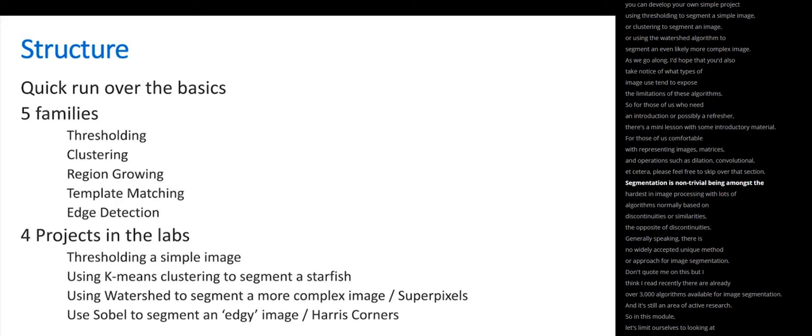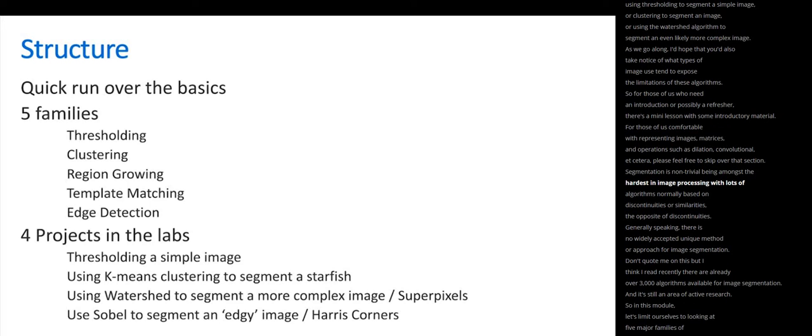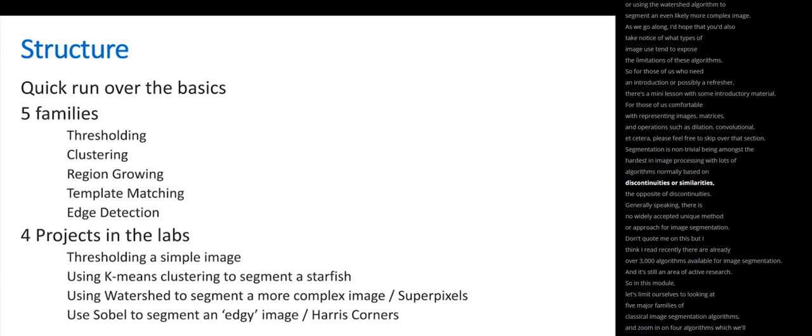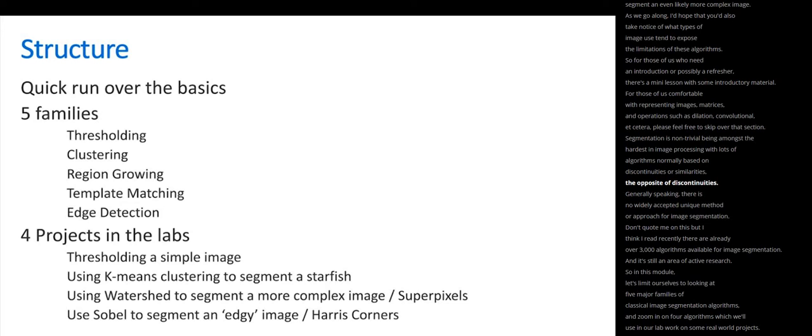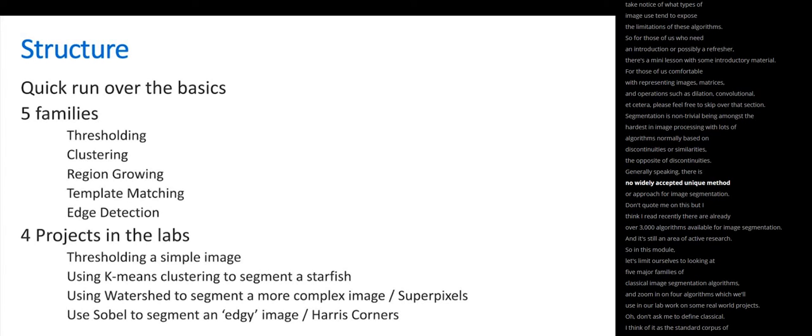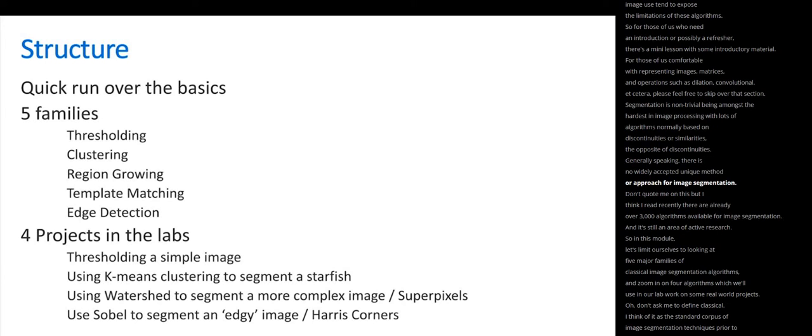Segmentation is non-trivial, being amongst the hardest in image processing, with lots of algorithms normally based on discontinuities or similarities, the opposite of discontinuities. Generally speaking, there is no widely accepted unique method or approach for image segmentation.